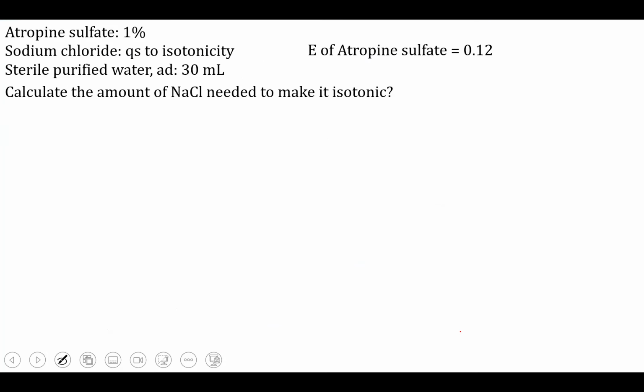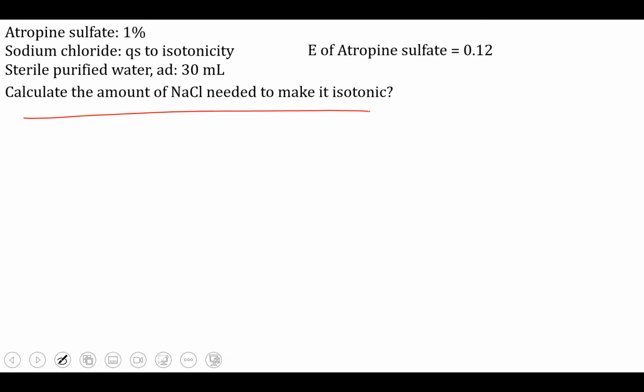And this is again a key calculation where, for osmolarity, we have to make it isotonic to the ocular membrane. So when it's sodium chloride, it's 0.9%. However, some of the drugs do not completely dissociate, like atropine sulfate, morphine sulfate, or pilocarpine hydrochloride. When you use 1%, they will exert some sort of osmotic pressure, and that's why we have to make sure that we accommodate that.